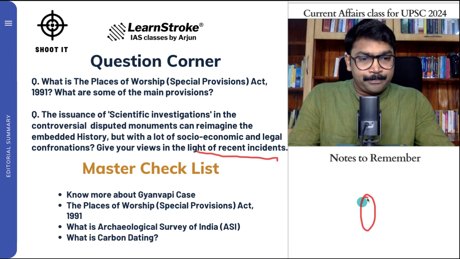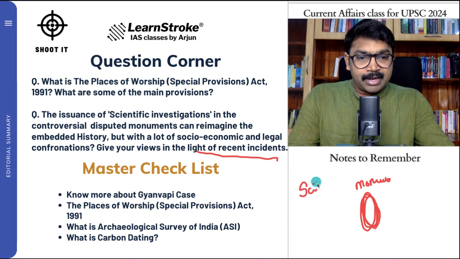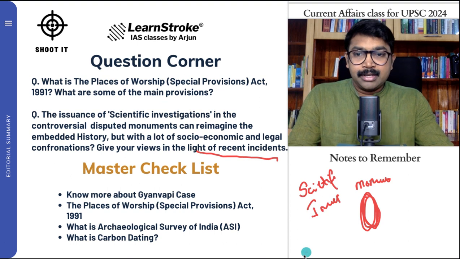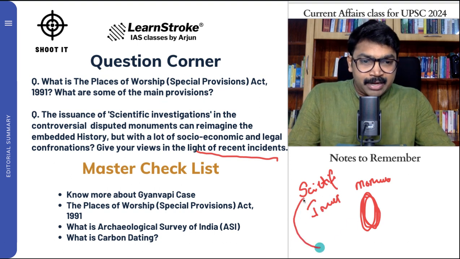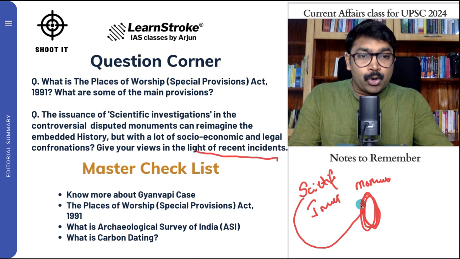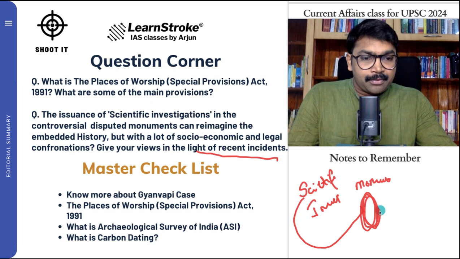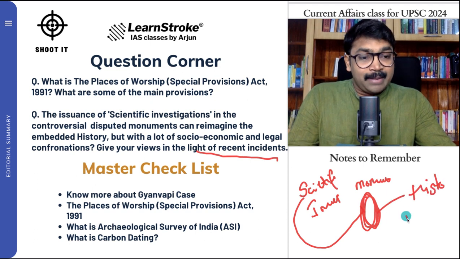Imagine this is a monument. This is scientific investigation. So the question is, if you do a lot of scientific investigations in disputed monuments, definitely new history will come. That means you will reimagine history 100%.